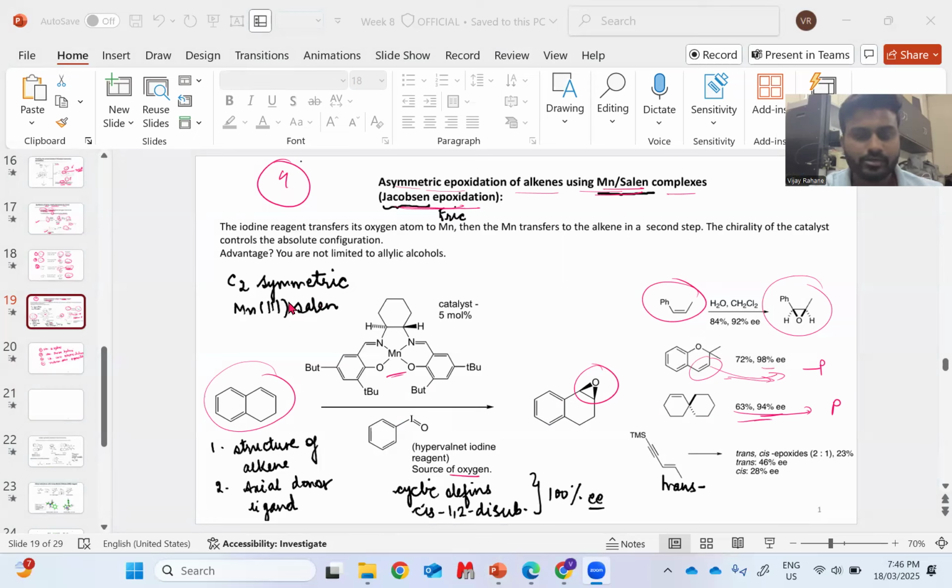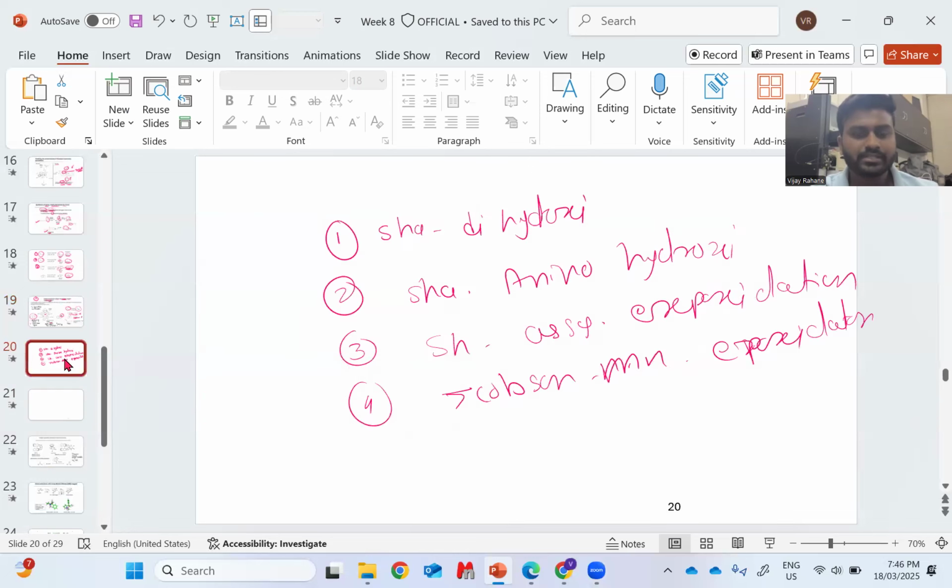All right. So we have already seen these four types of reaction, and all of them are on the olefin, right?